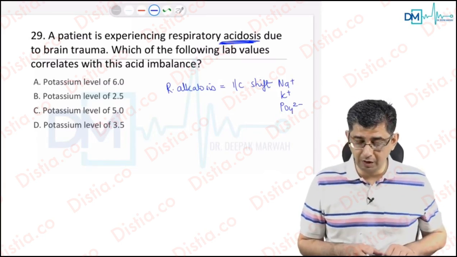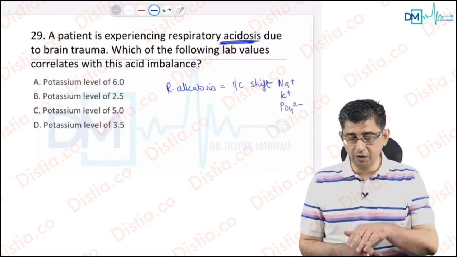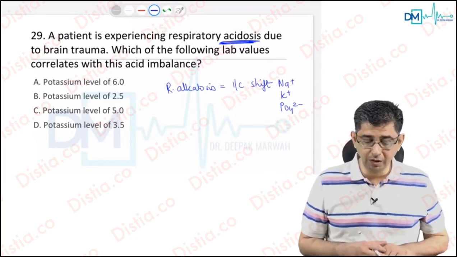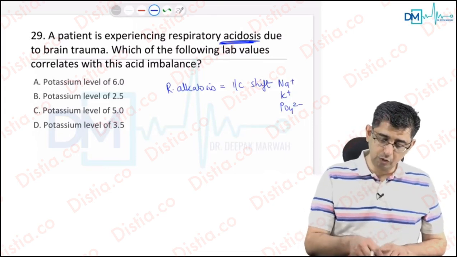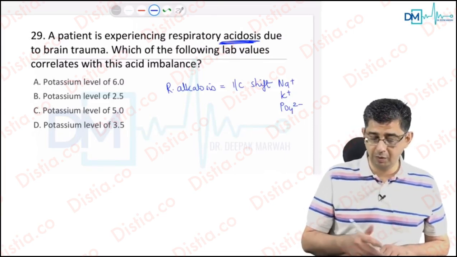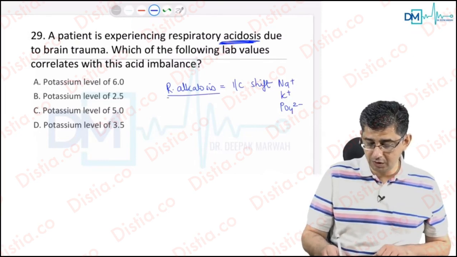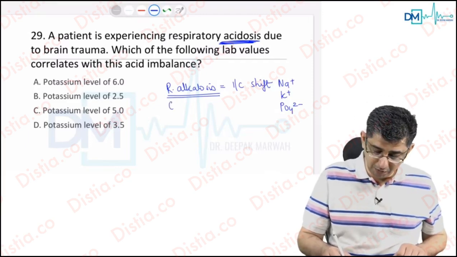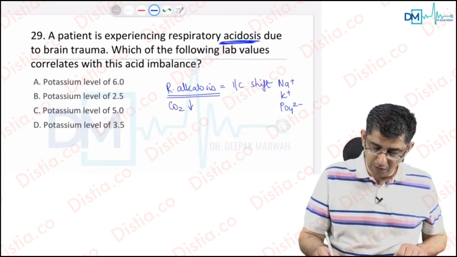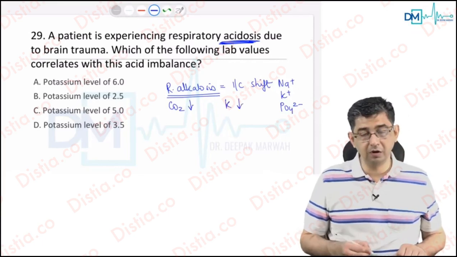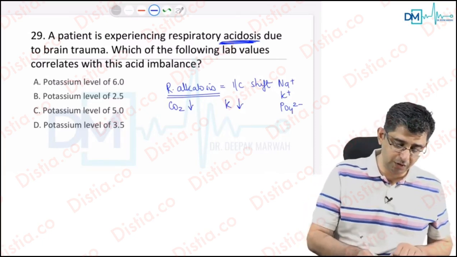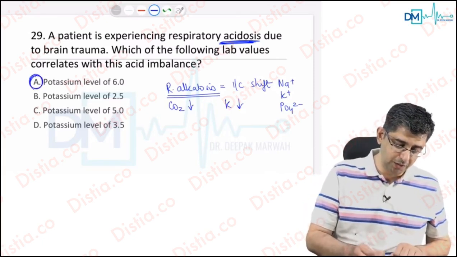Reverse is true for respiratory acidosis, where these will start coming out of the cells into the blood, and when they come out into the blood, the values can increase. So here all the 4 options are on potassium. All you need to remember is respiratory alkalosis and carbon dioxide depletion causes potassium to fall. You'll remember it like this: when carbon dioxide falls, potassium values also begin to fall. The reverse is also true. If carbon dioxide begins to rise, potassium starts to rise. The answer to this question is A.